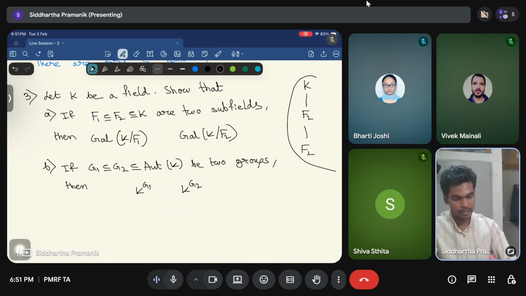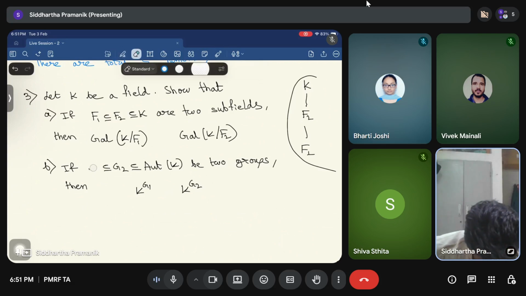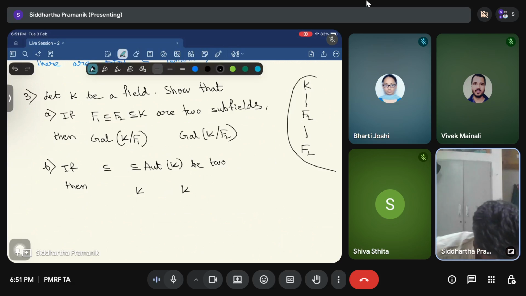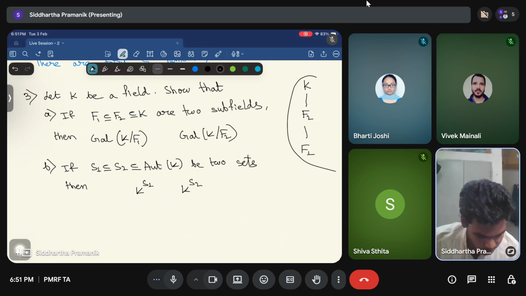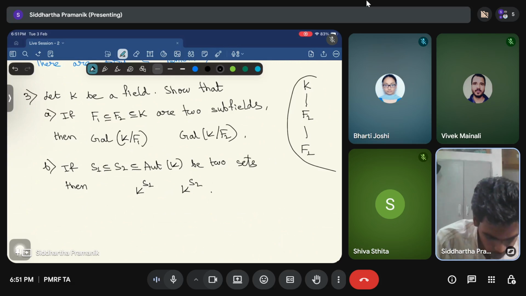Then what will be the relation between these two? Actually, we don't need groups. A set is enough. So let's write it in the more general form. Let's say S1 subset of S2, two sets. Then what is the relation between their fixed fields? We have used these two things many times, but let's mention it specifically.